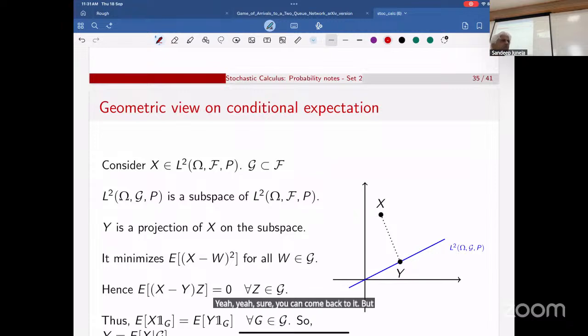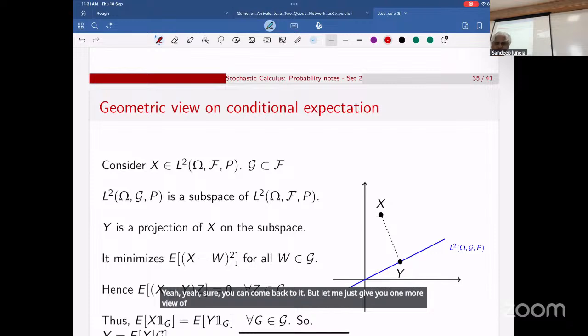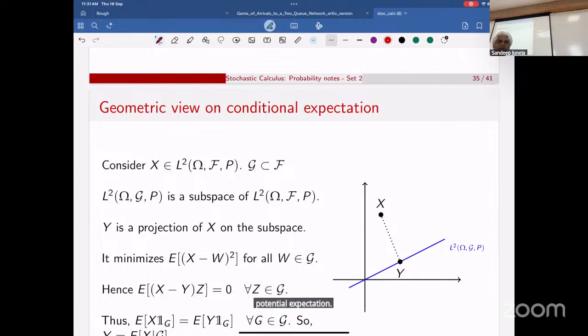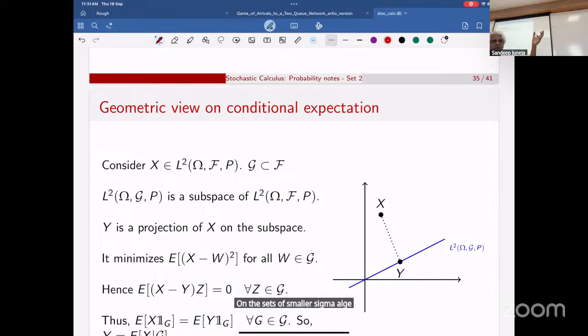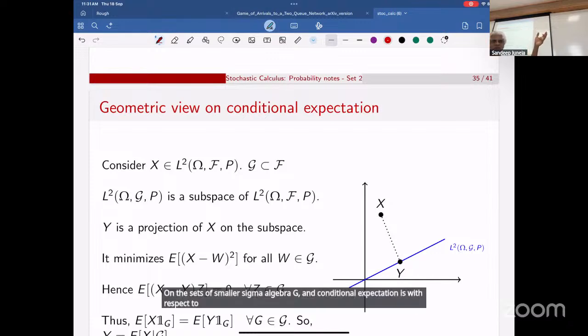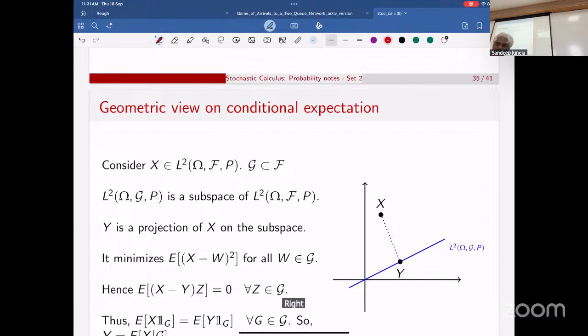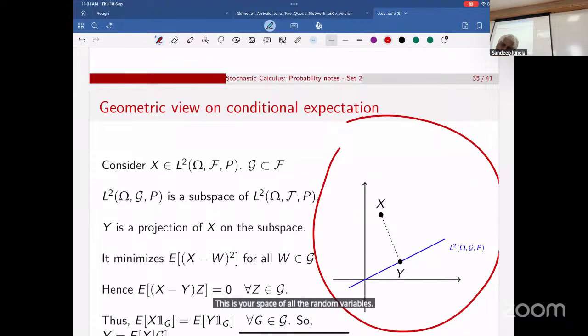But let me just give you one more view of the existence of conditional expectation. So again, what is conditional expectation? It's a random variable which integrates like X on the sets of a smaller sigma algebra G. And conditional expectation is with respect to the smaller sigma algebra G. But the way to think about this, just to have a geometric view, is that this is your space of all the random variables, L2(Omega, F, P).